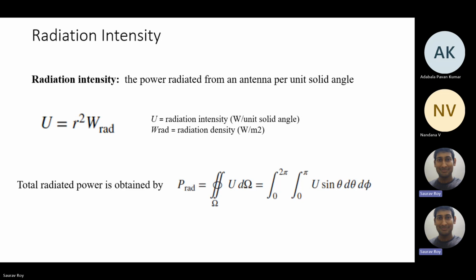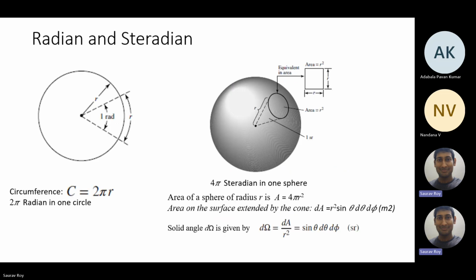It all comes from the definition of the solid angle. Here you see d omega is given by dA by r square. So this r square is taken into that angle. In one case, it will be P divided by d omega, the radiation intensity, and the radiation density is P by dA.